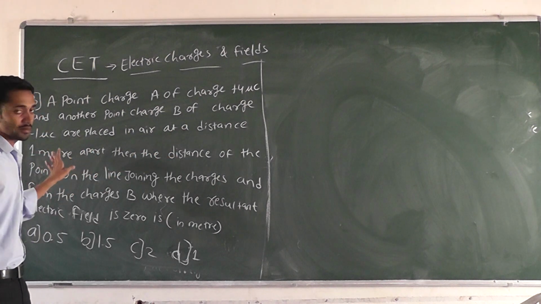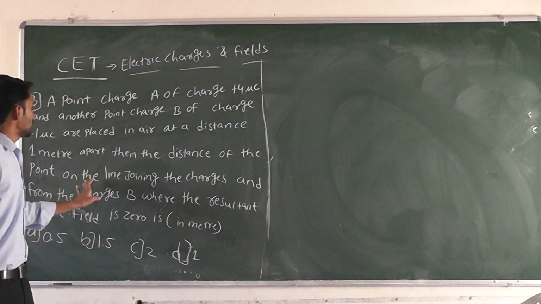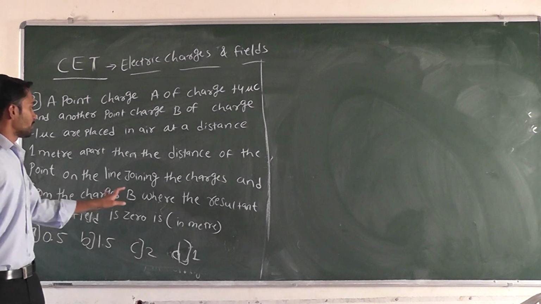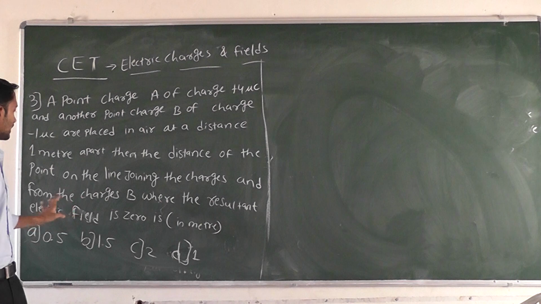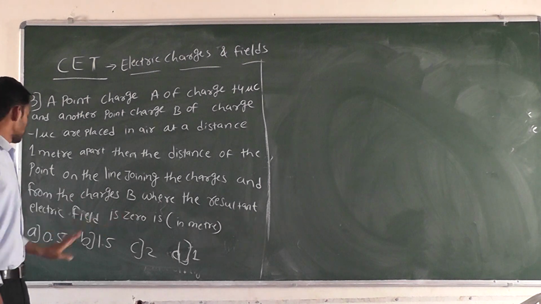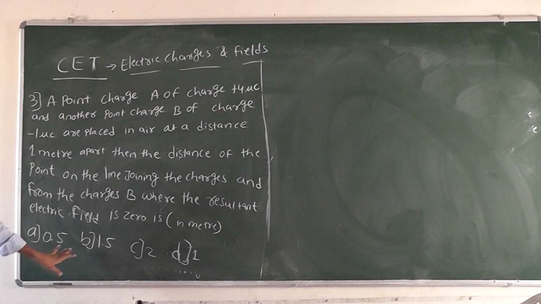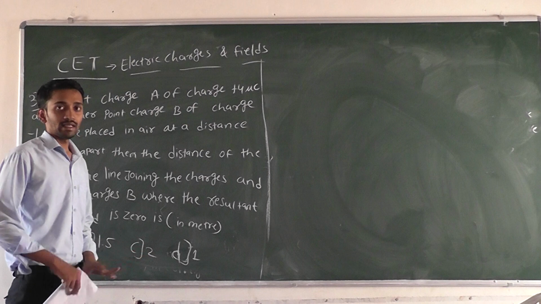Then find the distance of the point on the line joining the charges, from charge B, where the resultant electric field is 0. We have to find it in meters. Option A is 0.5, option B is 1.5, option C is 2, option D is 1.